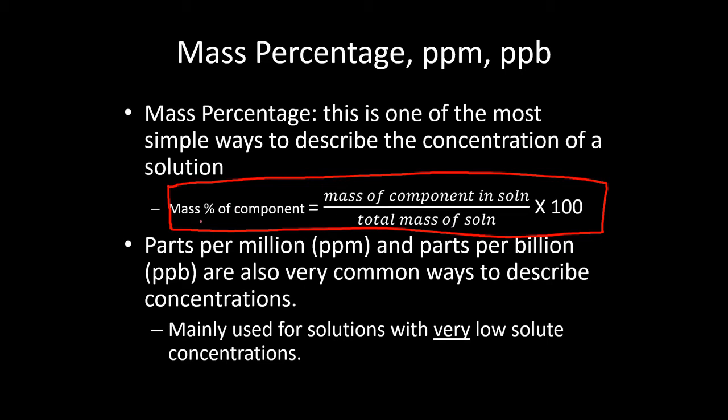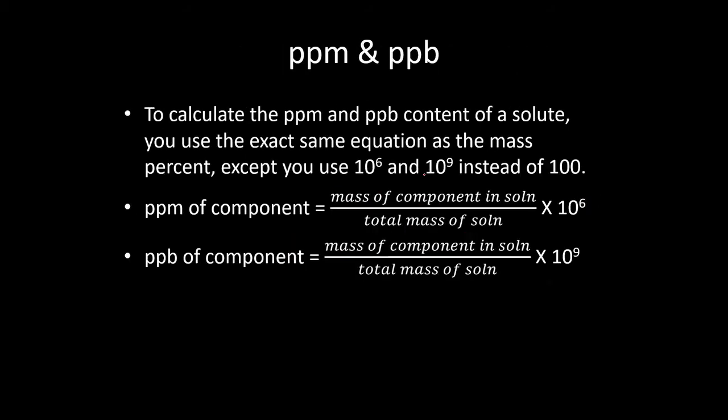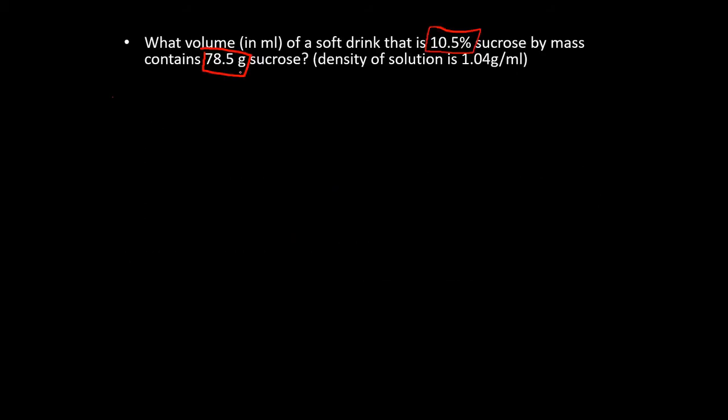It says the mass percentage of the component, which was given to us in the problem, is equal to the mass of the thing that we're looking for, which was also given to us in the problem. That would be the 78.5 grams of sucrose. So we have this much of the solute in our solution.